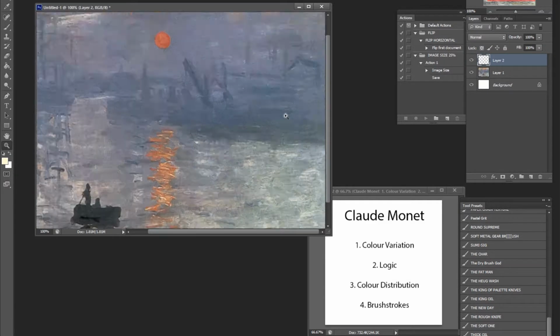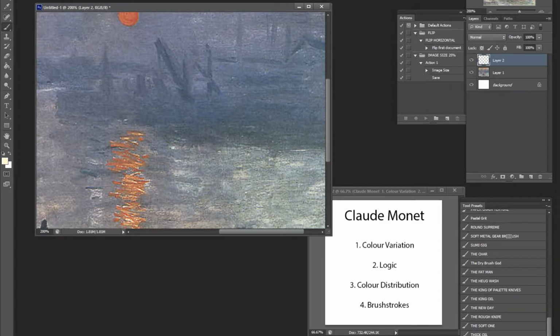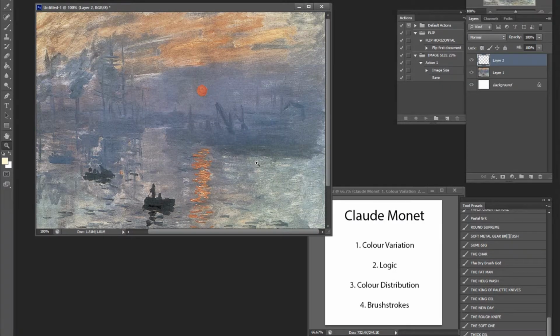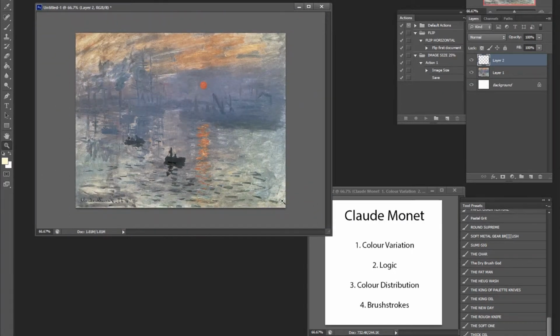Even when you look at these masses, everything here has variations of blue, variations of brown, variations of oranges, something that distributes the colors naturally and creates the sense of realism, despite the fact that this is obviously a very impressionistic piece. I'll talk about color distribution in a bit, but let's talk briefly about logic.